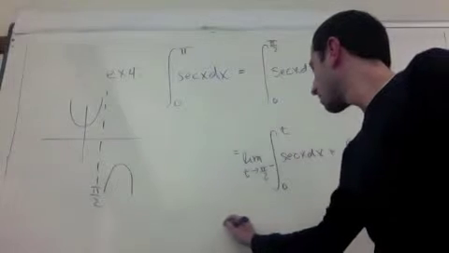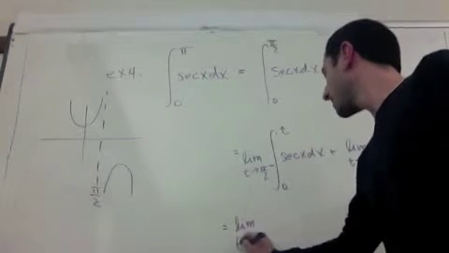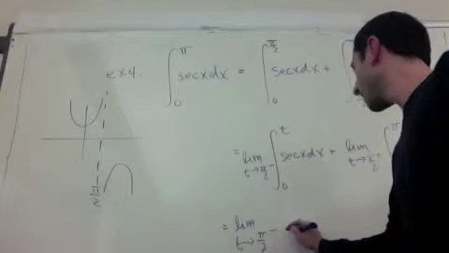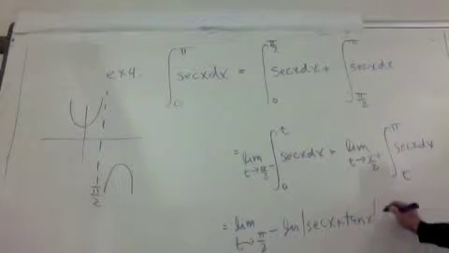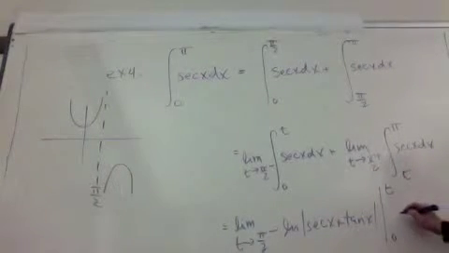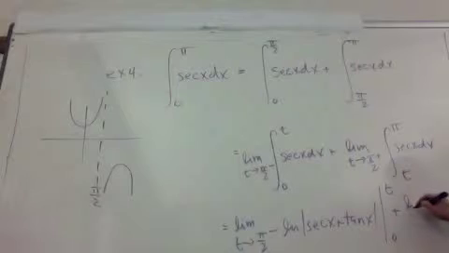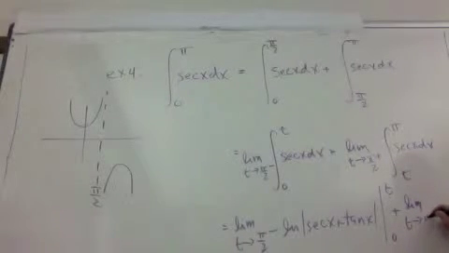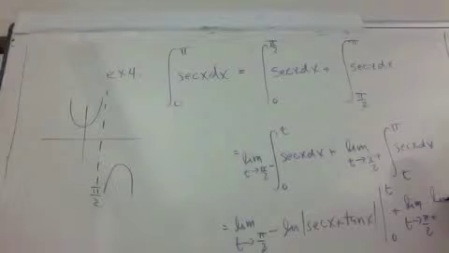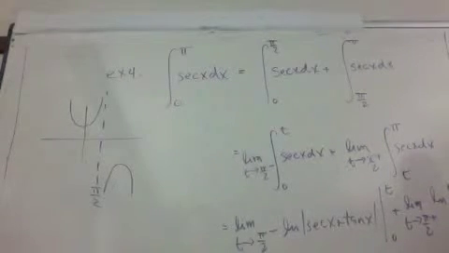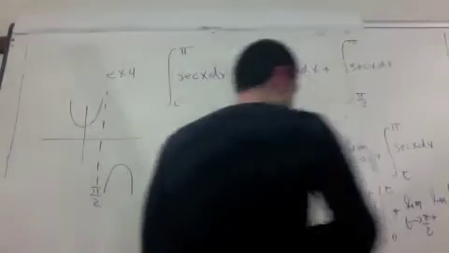Now we have the limit as t approaches pi over 2 from the left of the natural log of the absolute value of secant plus tangent, evaluated from 0 to t, plus the limit... So this would be the natural log of... Messy, right?